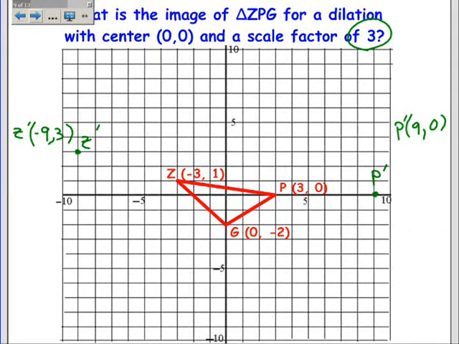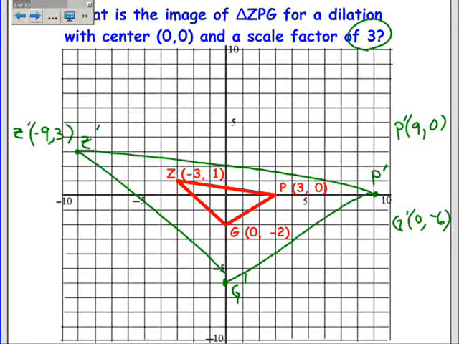If I multiply each coordinate by the scale factor of 3, G prime is 0, and negative 2 times 3 is negative 6. So I graph the point 0, negative 6, and that is G prime. Now if I connect these, I will get the image under the dilation with a scale factor of 3.